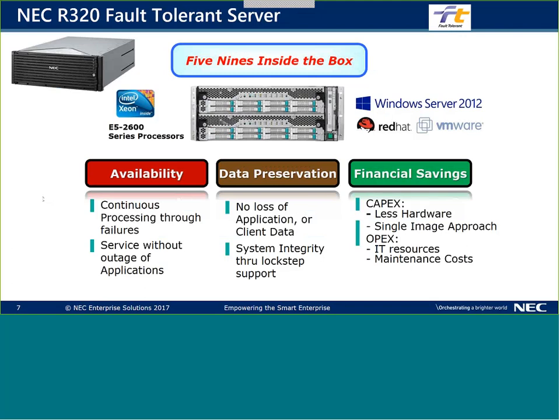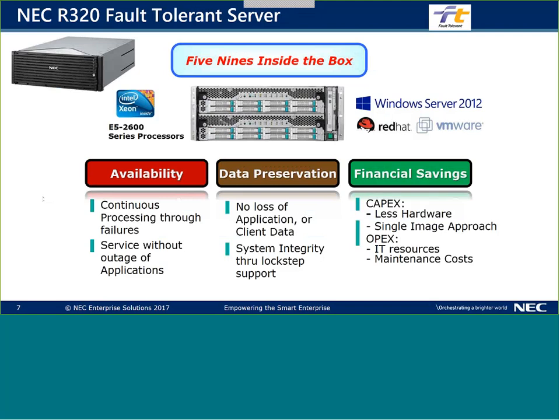The alternative, which is to use the prepackaged model, utilizes NEC's R320 fault-tolerant server. Now, you would probably go with the prepackaged approach if you had a relatively small percentage of TDM endpoints, but a very high percentage of IP. So you might consider the prepackaged model for an IP phone deployment that has a small number of gateways, but it's primarily IP.